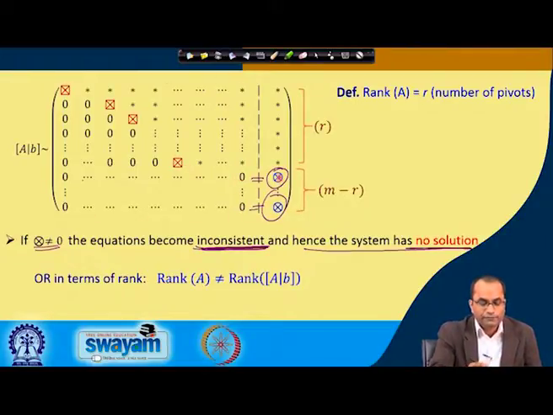But if these are non-zero elements, then there will also be a pivot here. We can reduce it further to make all these 0, and there will be a non-zero number here, at least in one of the equations. The system is inconsistent, that is clear.